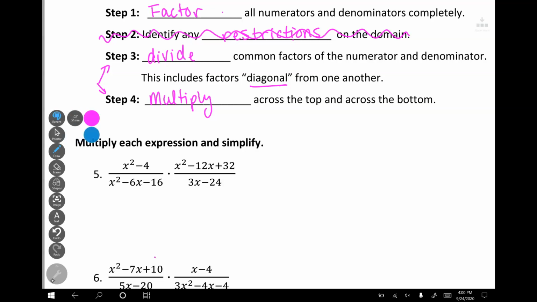This first numerator, that's a difference of squares, so I'm going to do x minus 2, x plus 2. Our denominator here, this is going to be two numbers that add to -6 and multiply to -16. That's going to be 2 and -8, positive 2 and -8.